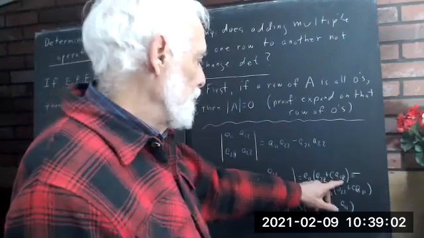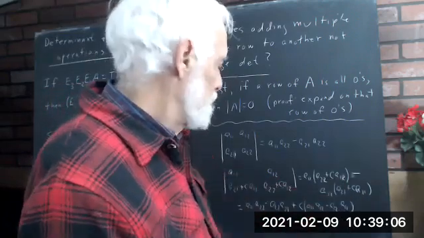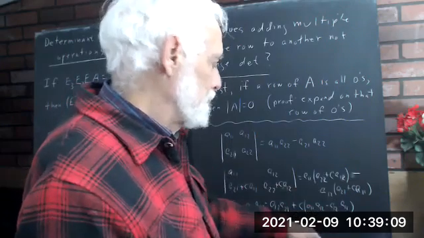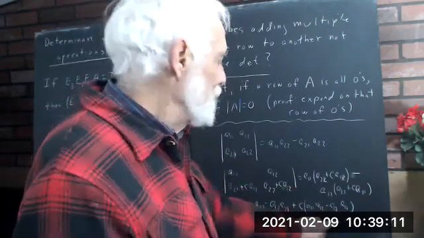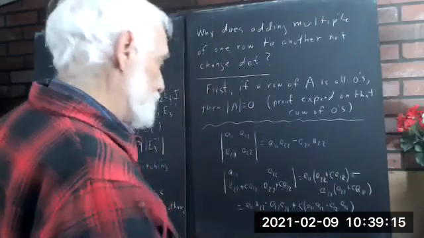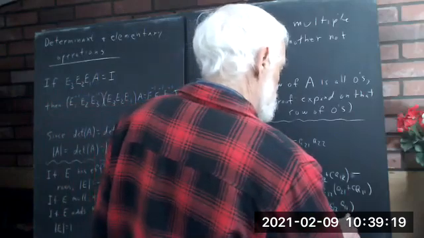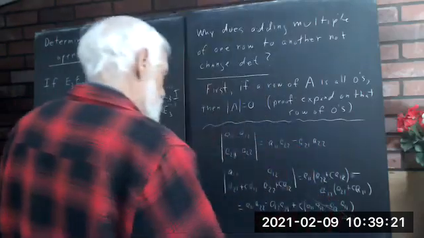Okay, A11 A12, A12 A11. And what's A12 A11 minus A11 A12? Well, these are equal. So when you subtract, you get 0. So that's 0.